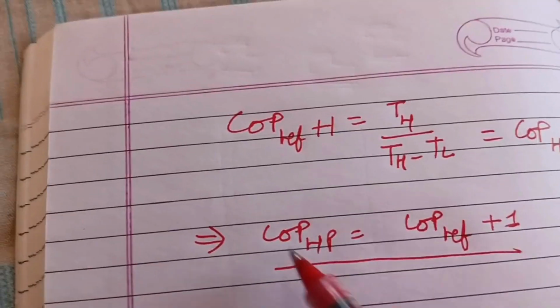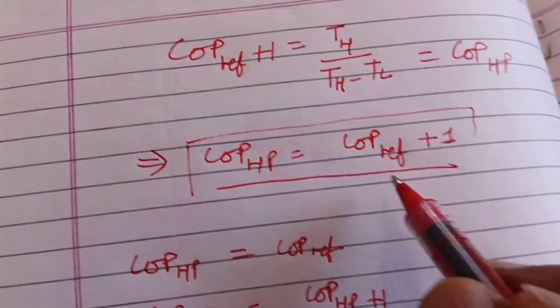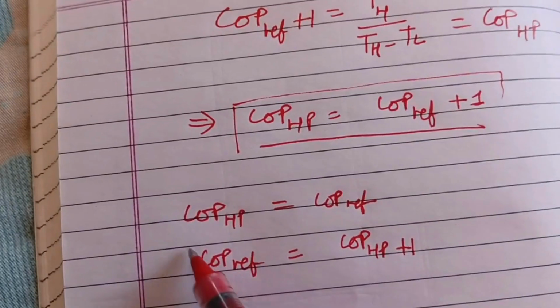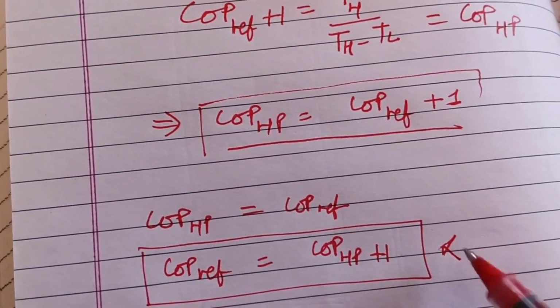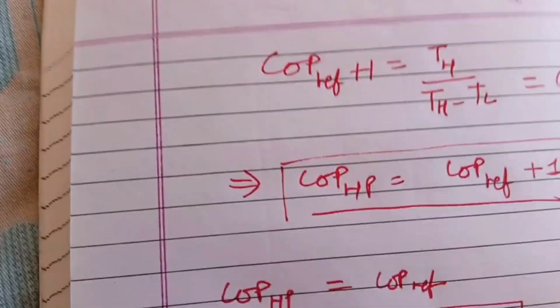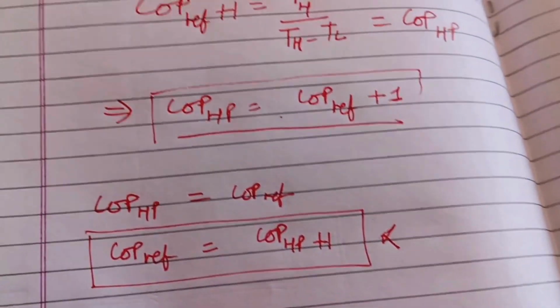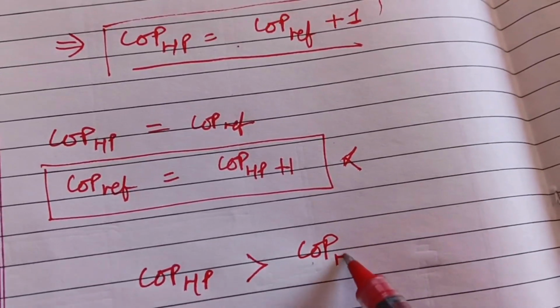So you have just seen that heat pump COP is always greater than COP of refrigerator. So this can never happen. This can never be the case. So you can eliminate this option, it is always false. So you can further simplify this as COP of heat pump is greater than COP of refrigerator.